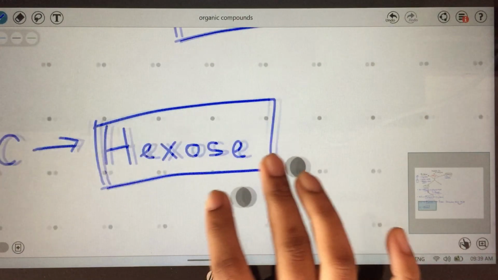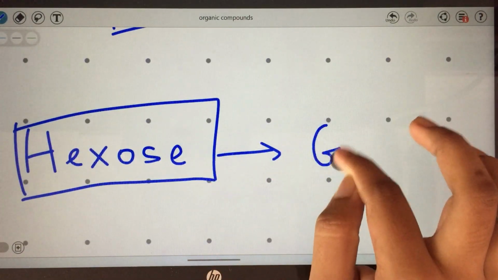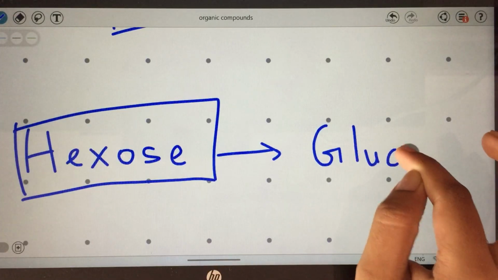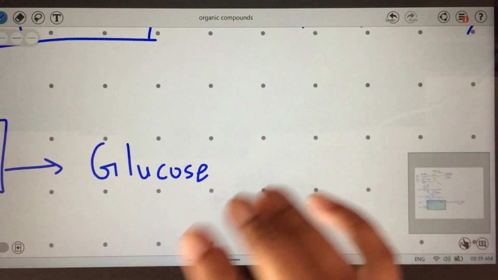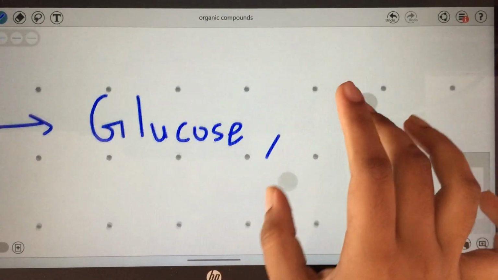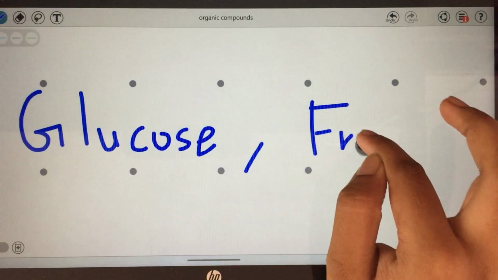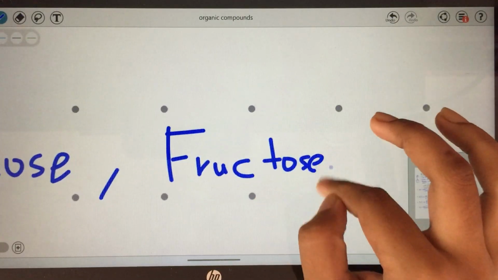So example for hexose is going to be glucose. Now this is a very common one. All of us know that glucose is a monosaccharide. Why? In O level also we had it. In grade 9 also I think they taught us, right? So glucose, fructose, galactose. Okay.